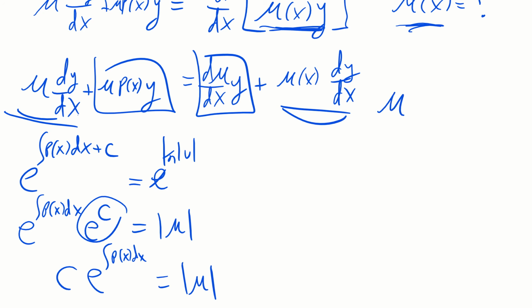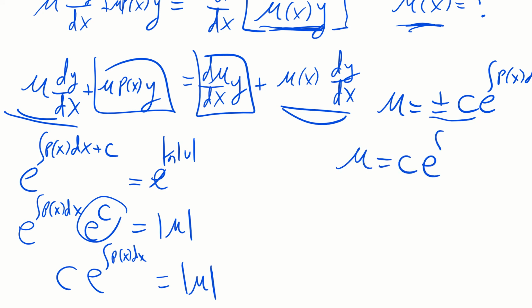That means that mu is going to be equal to plus or minus c e to the antiderivative of p of x dx. And again, you can absorb that plus and minus into the constant c. So mu is c times e to the integral of p of x dx.